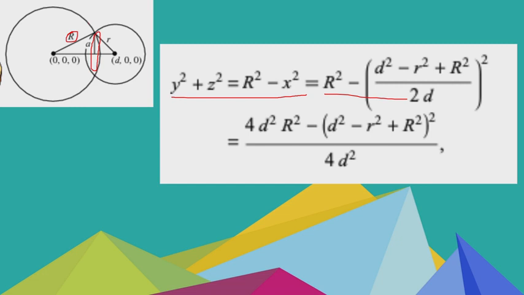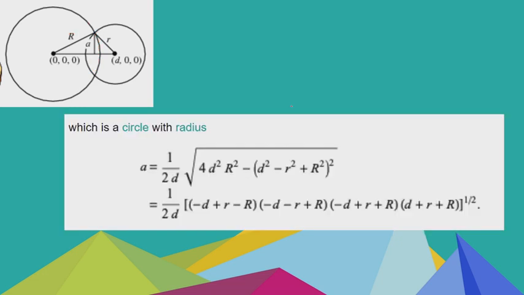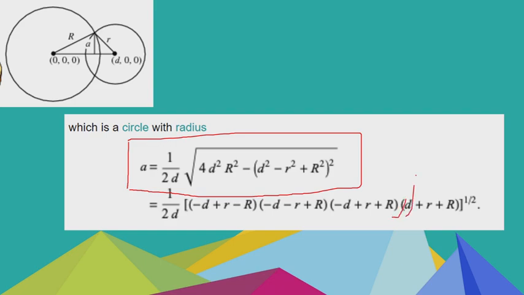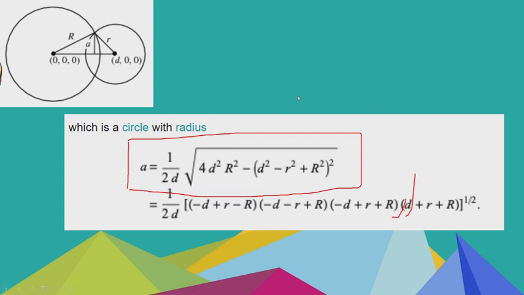So that circle equation you can find through this equation. The radius of the circle of intersection of these two spheres is given by this, and if you simplify, you will get this equation. So like this you can find the intersection of the spheres at the origin and at a distance d. Thank you for giving this wonderful opportunity.